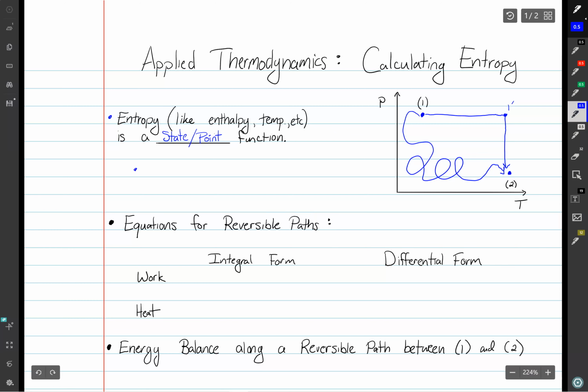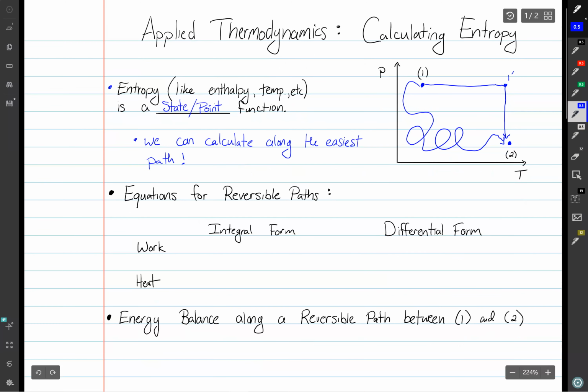So the cool thing about this is we can calculate along the easiest path. It makes our lives easier. We don't have to calculate entropy along any particular path. We can simply calculate it along whichever one happens to be the easiest for us. We can make our math lives easier, which is always a good thing.